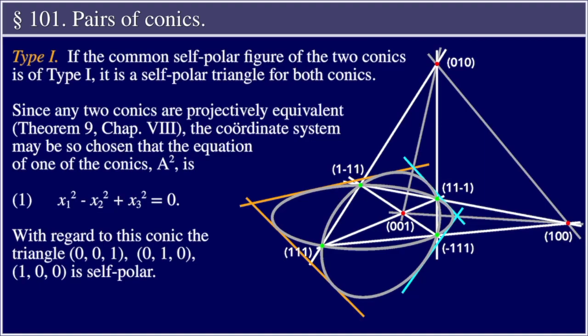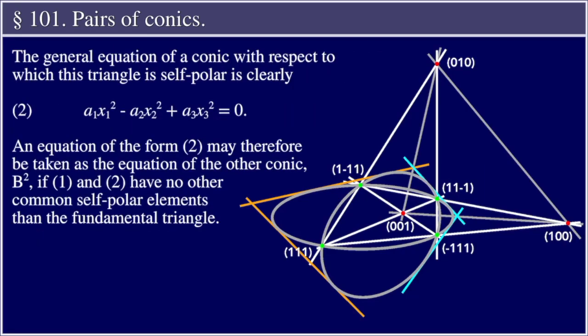With regard to this conic, the triangle (0,0,1), (0,1,0), (1,0,0) is self-polar. The general equation of a conic with respect to which this triangle is self-polar is clearly equation 2: a1 x1 squared minus a2 x2 squared plus a3 x3 squared equals 0.